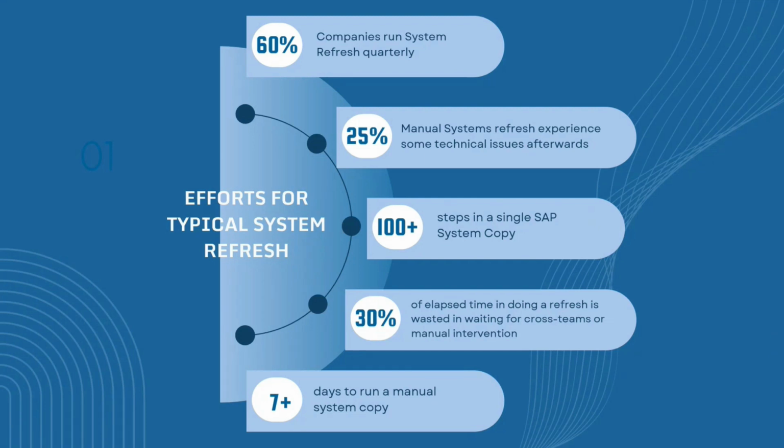Maybe the storage team has to clone or snapshot, then hand over to the basis team. So there's a lot of waiting around, not just continuous work. And typically we see a lot of customers today, when they do the manual method, it can take 7 days or more to do a system refresh.